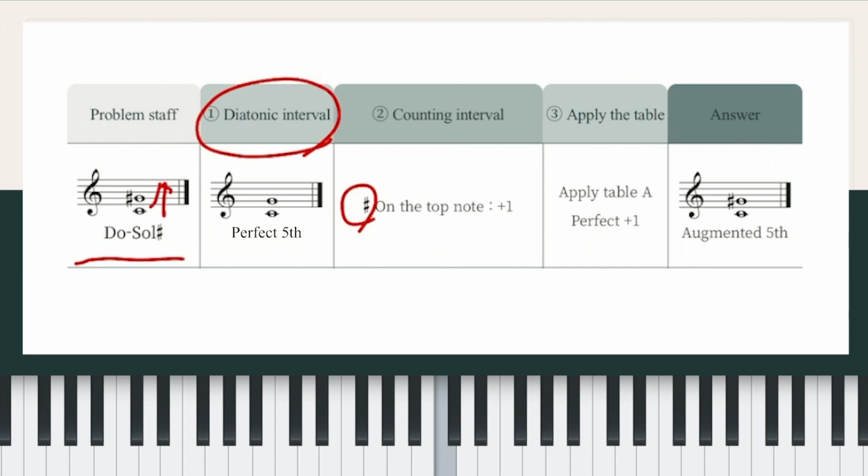So expanded is plus 1. So apply table A, it's perfect plus 1. So the answer is augmented fifth.